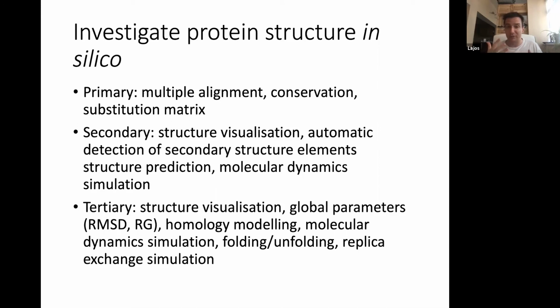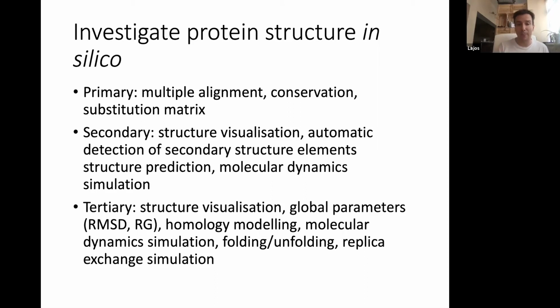But it's not always the same in every protein. So we have very good substitution matrices for globular proteins. I will tell you soon about that. But there are problems with transmembrane proteins and disordered proteins, and again, I will speak about them in a few slides.